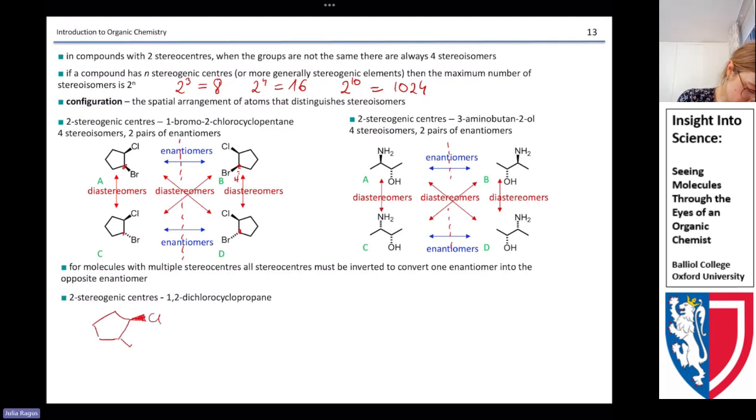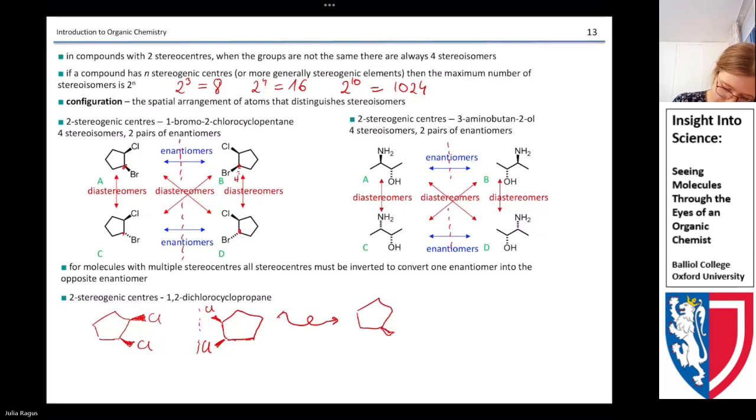So when we have, for example, our cyclopentane, but with two chlorine atoms attached to it, if we produce a mirror image of this molecule, and then if we rotate it a little bit, you end up with the same molecule that we were producing the mirror image of, meaning that this molecule, in fact, is achiral because it can overlap with its mirror image.